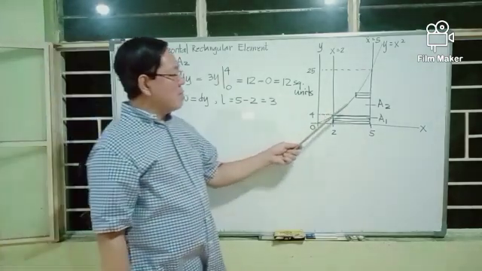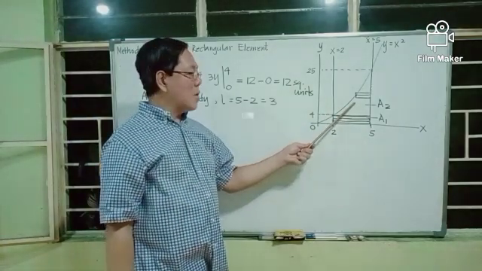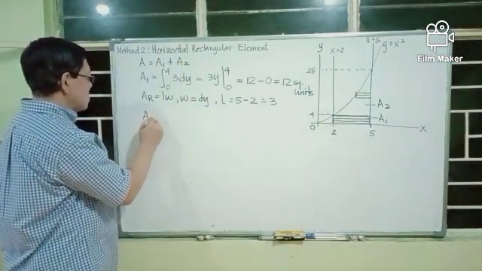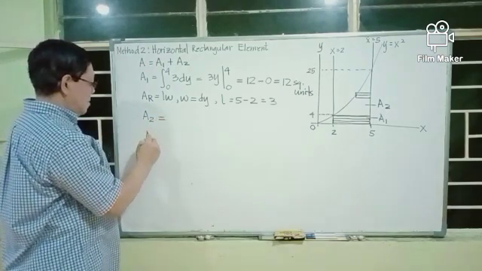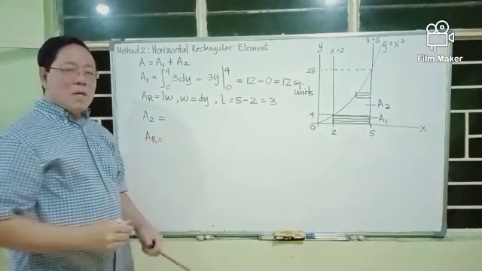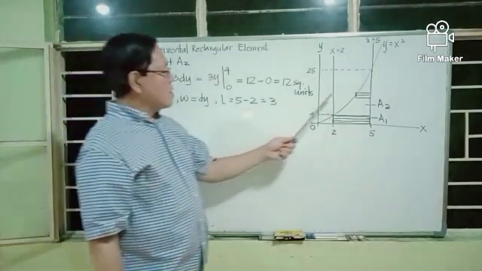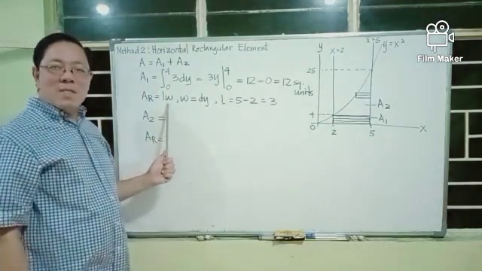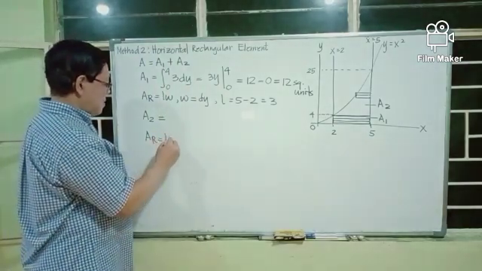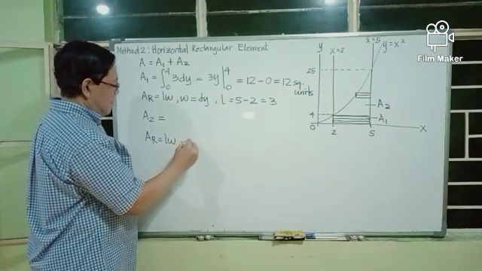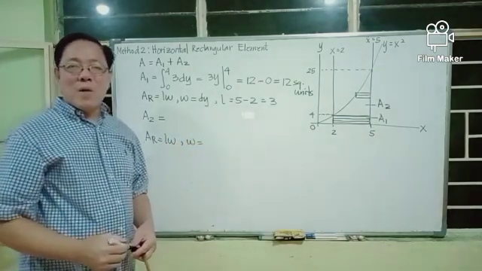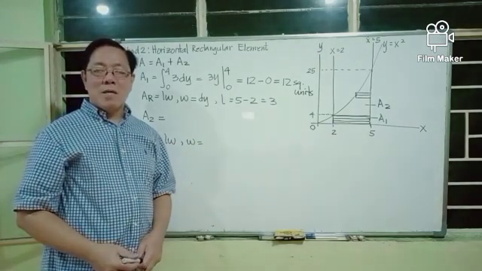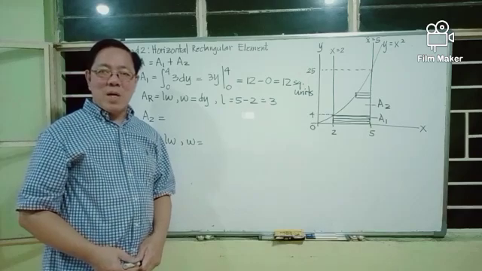Now we find the area A sub 2. Again, we first find the area of this horizontal rectangular element by the basic formula, length times width, where the width for a horizontal rectangular element is always dy, the differential of the dependent variable.